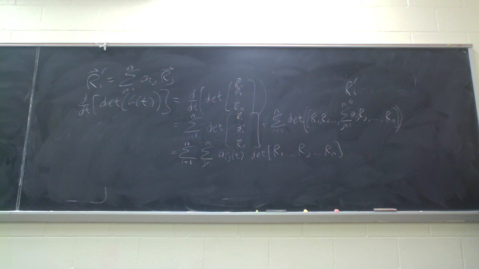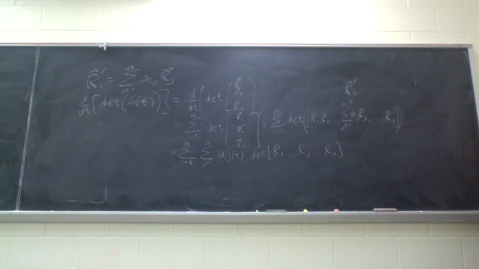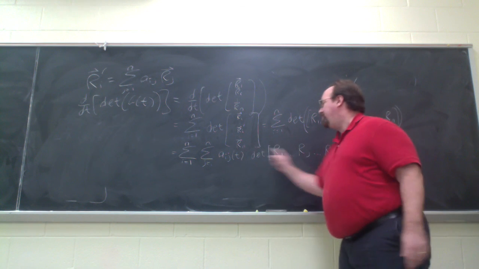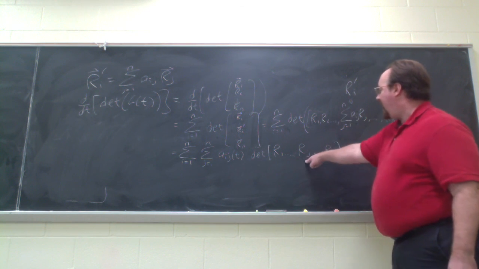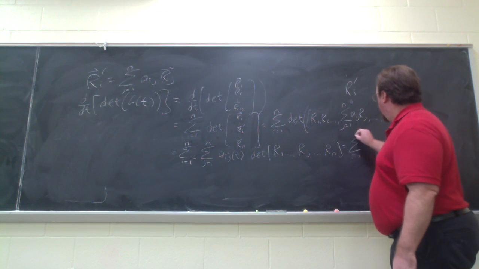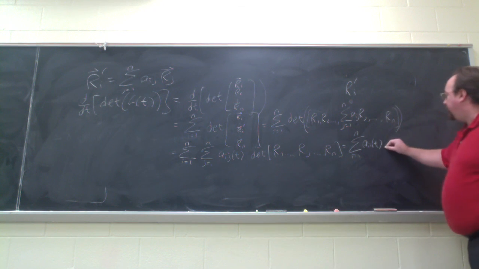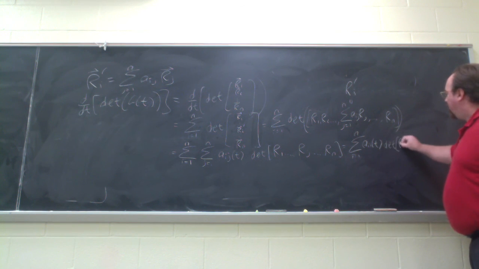The matrix is not invertible, therefore the determinant is 0. So all of these terms are going to drop out, except when i equals j. So now this is a single sum, aii, times the determinant of R1 to Rn. All the rows are different now.